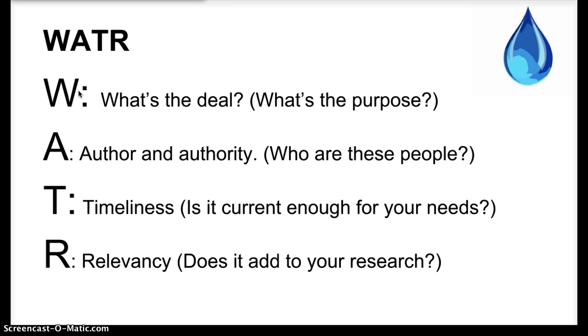So that, instead of teaching them about zombies and then trying to get them to remember BEAM, we have created acronyms that stick with the theme. This is the one for zombies or post-apocalyptic. W is what's the deal or purpose, A is authority and author, T is timeliness, and R is relevancy.